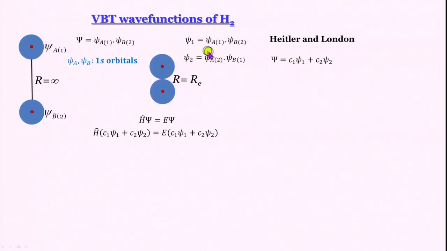Psi 1 says electron number 1 is in the 1s orbital of atom A, electron number 2 is in the 1s orbital of atom B, and psi 2 describes the opposite situation, where electron number 2 is in the 1s orbital of atom A, electron number 1 is in the 1s orbital of atom B. This is the wave function when the internuclear separation is not necessarily the equilibrium bond length, but close by, where we do have interaction between the two atoms. So, this is where we got so far.